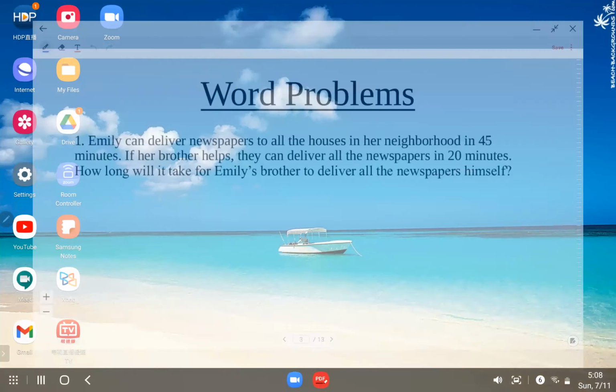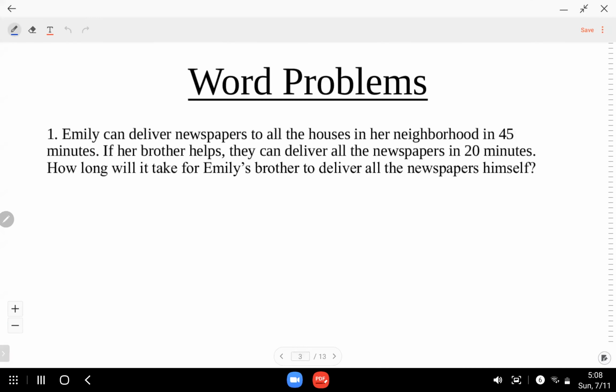Very sad. All right. So basically, Emily can deliver newspapers in 45 minutes. So this is the amount that she can deliver in 45 minutes. So basically, it's the amount she can deliver over the time.